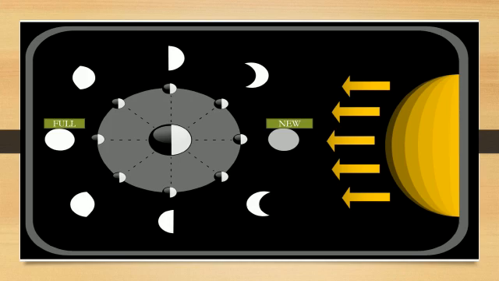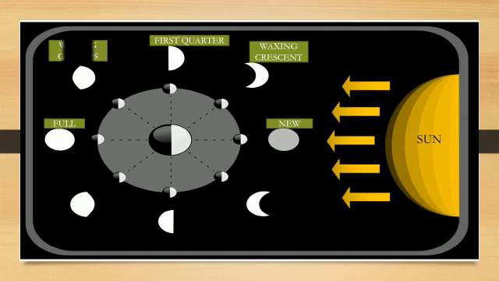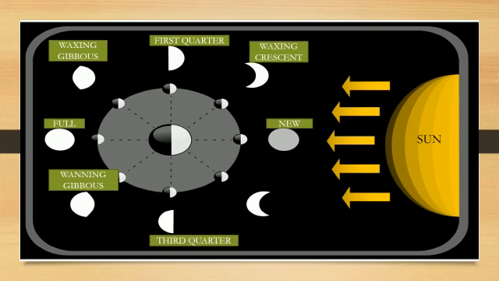So you can see here, after new moon comes the waxing crescent, first quarter, then waxing gibbous, then the full moon. In this half of the journey, the shape of the moon is increasing, which is known as the waxing period. After full moon, the shape of the moon starts decreasing, which is known as the waning period.